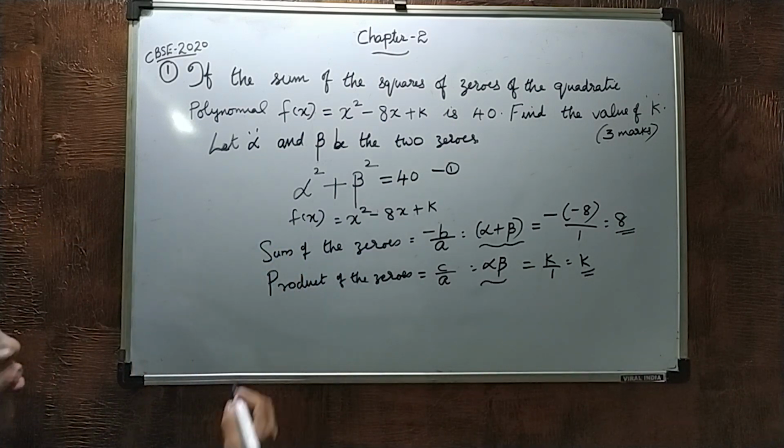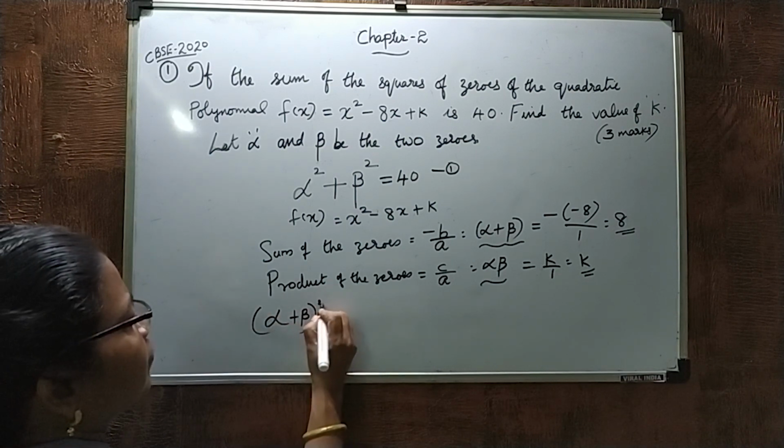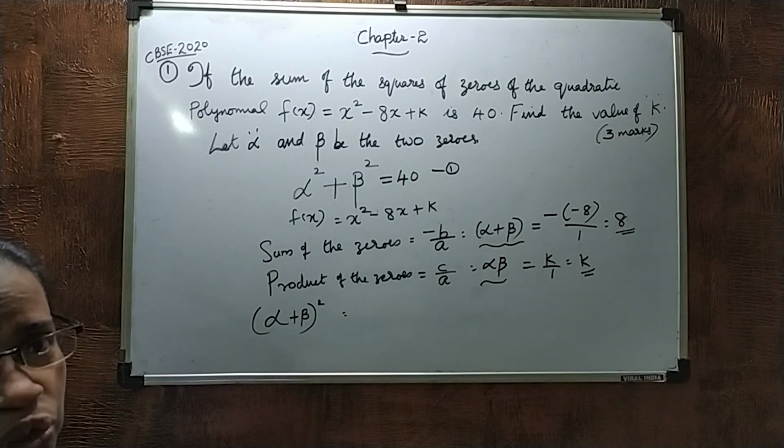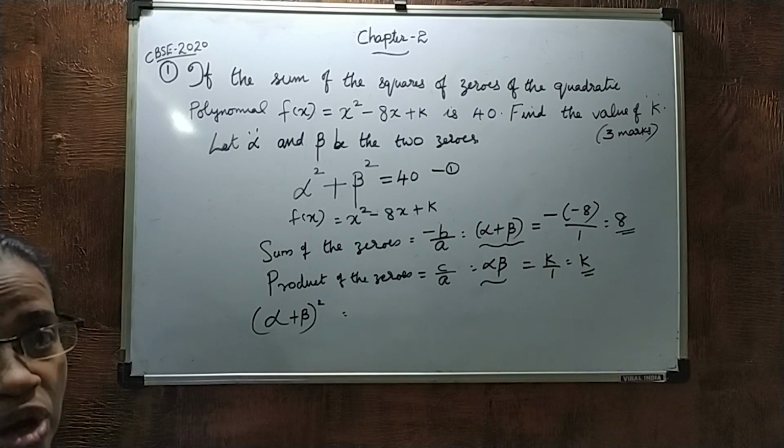Now, we will start. Alpha plus beta the whole square, that means a plus b the whole square, is a square plus 2ab plus b square. You can also write it as a square plus b square plus 2ab.